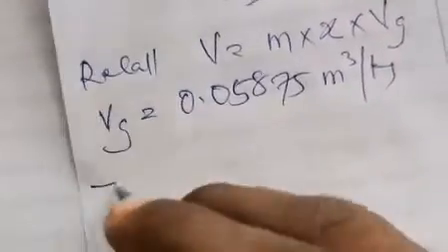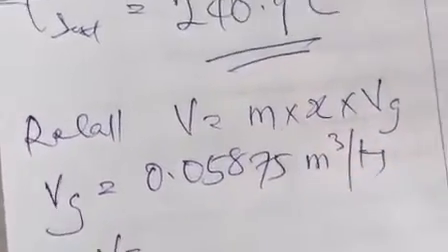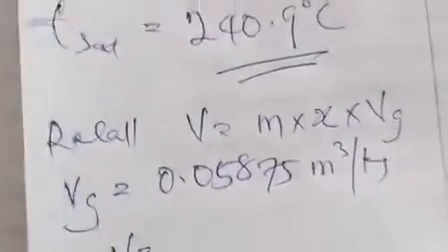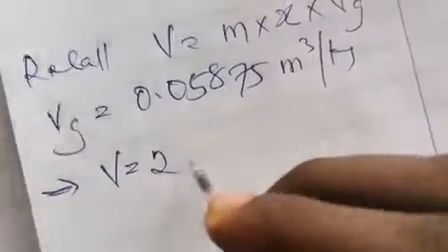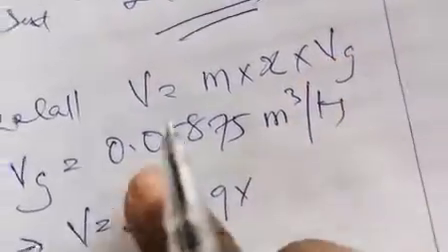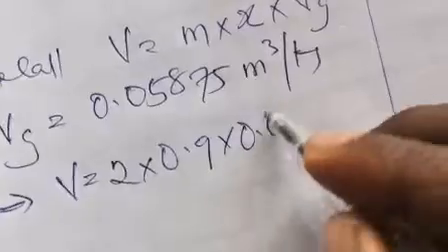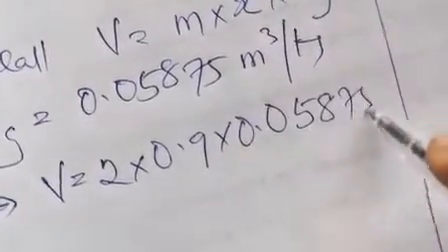This implies that the volume is equal to mass, which is 2 kg, multiplied by the dryness fraction 0.9, multiplied by Vg, which we just obtained as 0.05875.